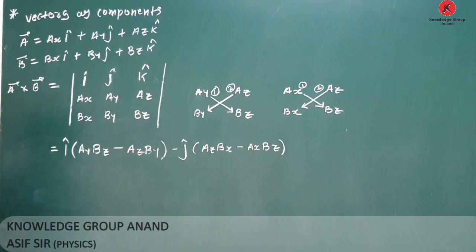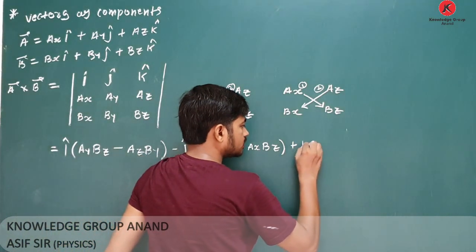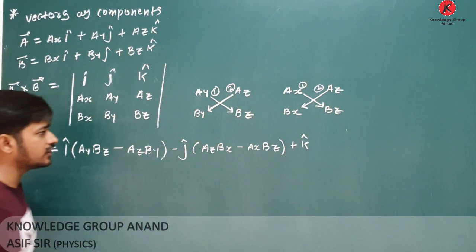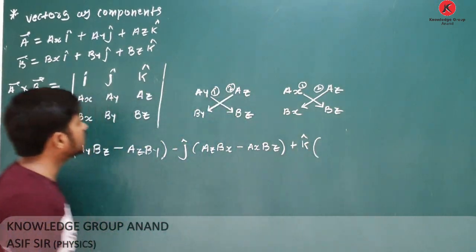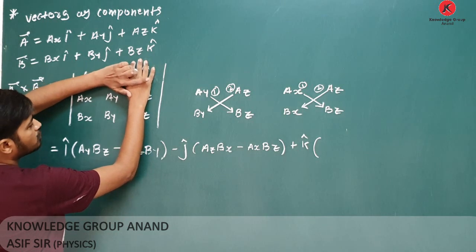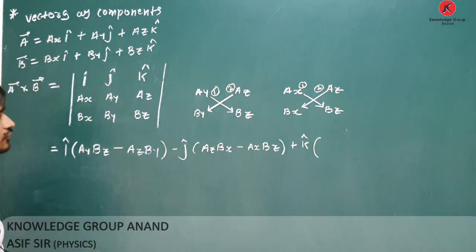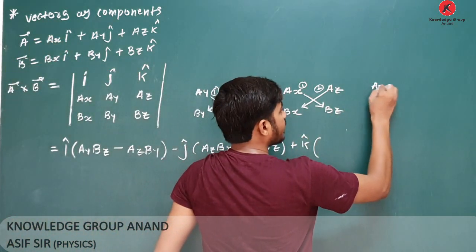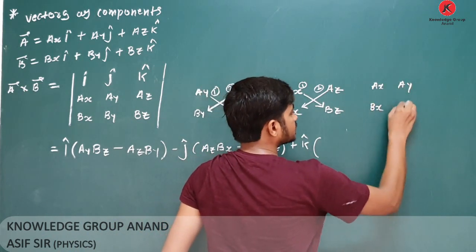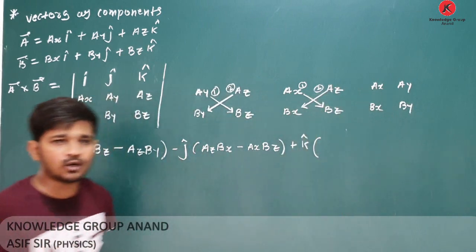Okay. Now third one is plus K caret. And how to write this? See, K caret means hide this column and this row. Then which are the 4 elements? These are 4 elements. That is AX, AY, and BX, and here it is BY. Clear about this?